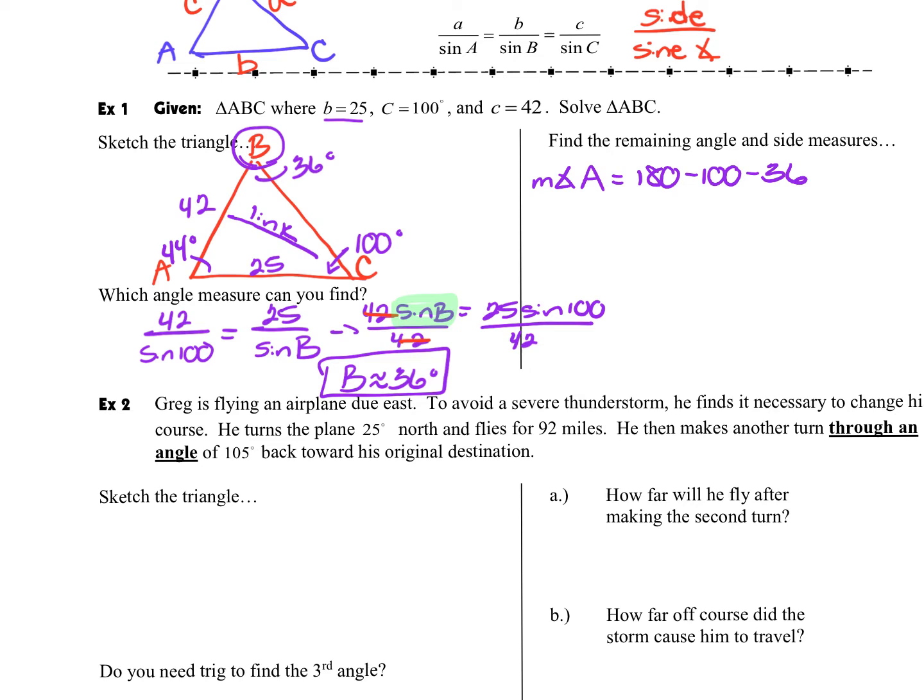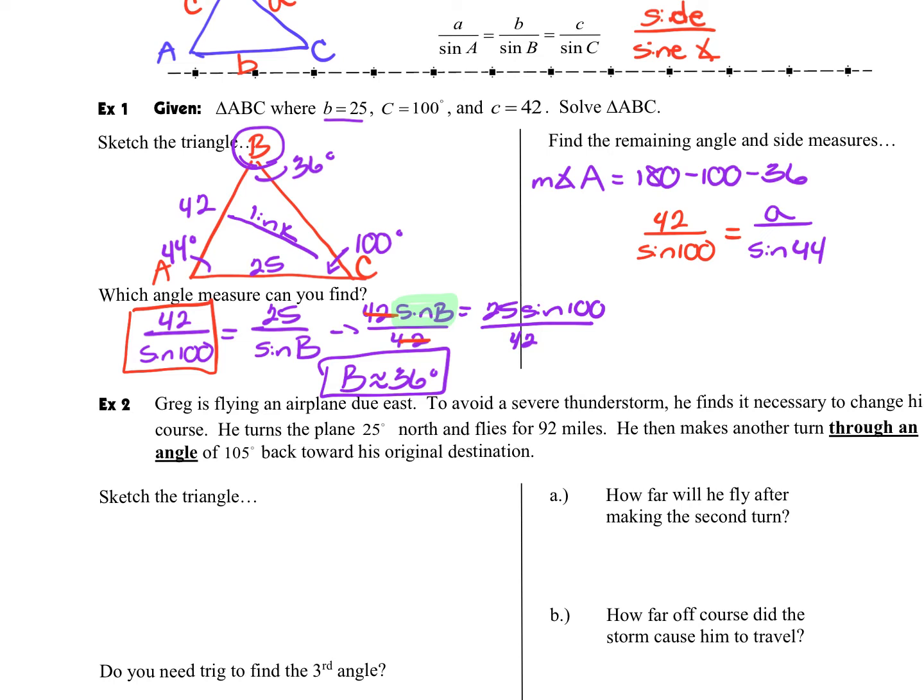This original link that we used way back here, this 42 over the sine 100, we're going to use that one more time. We're going to say 42 divided by the sine of 100, and that's now going to equal our side A, the last side that we haven't found, divided by the sine of the angle that we just found, okay?